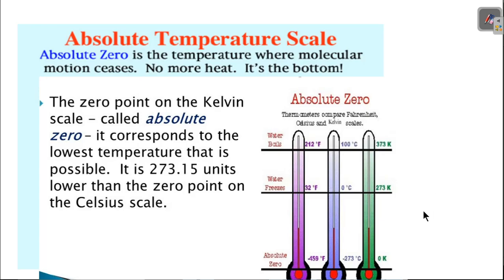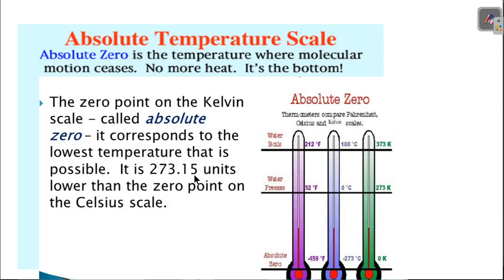Let's see if I'm going to remember everything else. Yes. You're going to have to know how to change from Celsius into Kelvins. In a minute, I'm going to give you the equation. But I want you to notice this number right here, 273.15. This right here is not infinitely precise.